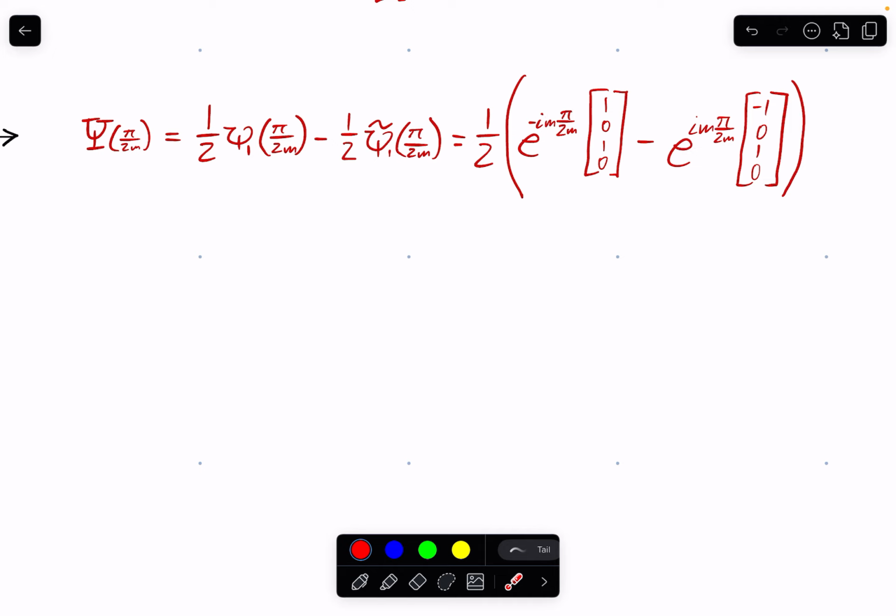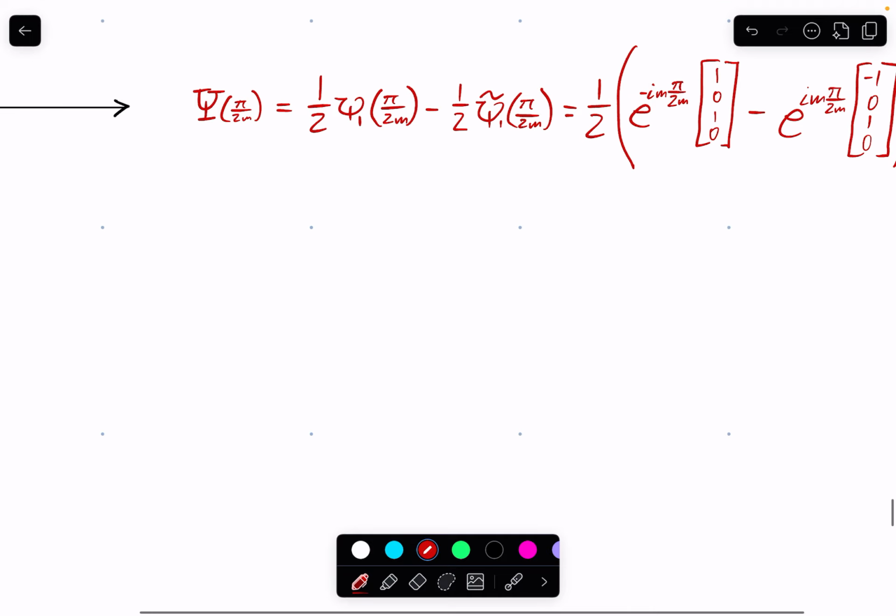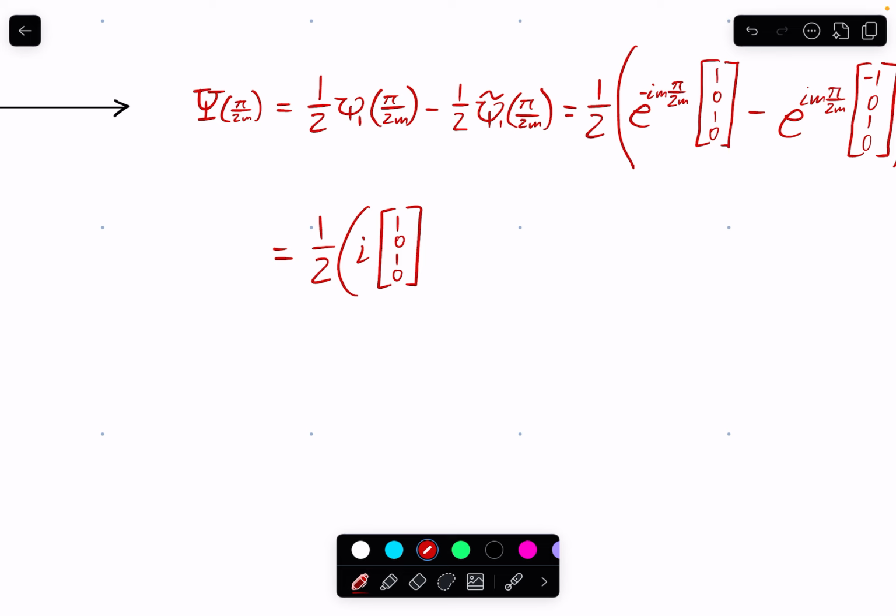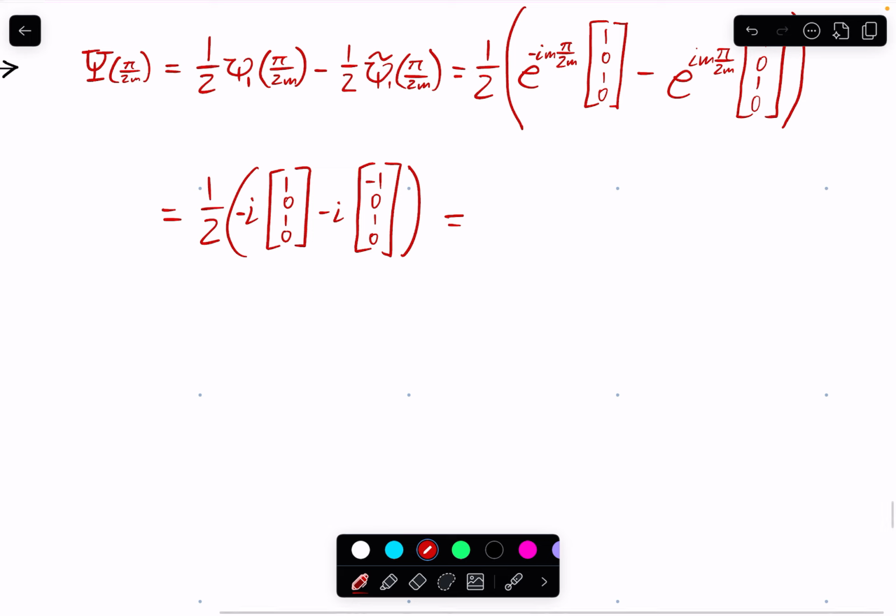This is negative i. So we get 1/2 of i (1, 0, 1, 0), or minus i, sorry, and then minus i (minus 1, 0, 1, 0), which is just going to be equal to minus i (0, 0, 1, 0).